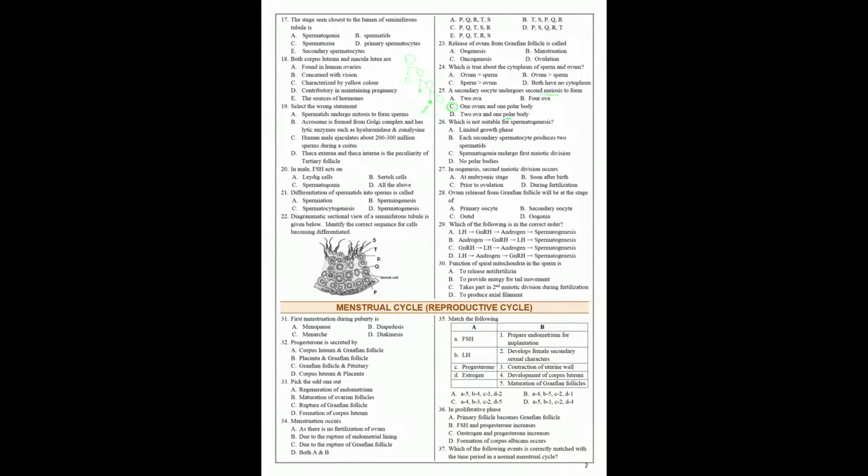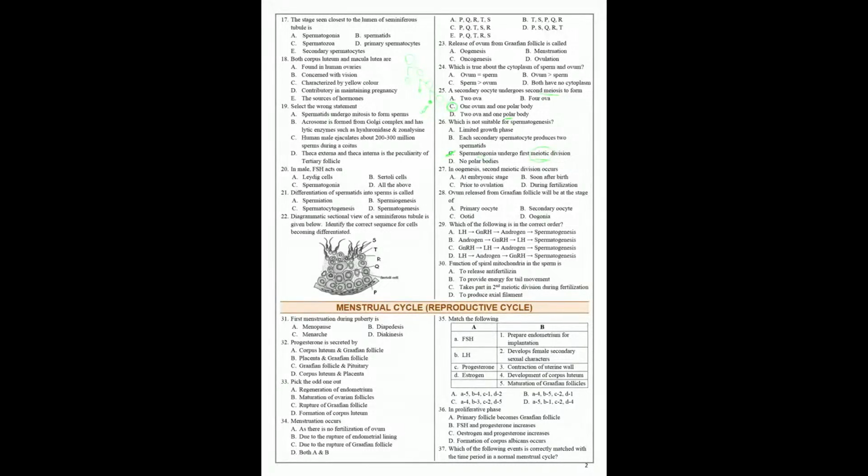Spermatogonia undergoes first meiotic division, no polar bodies. This is not correct. Spermatogonia will not undergo meiotic division, they will undergo mitotic division. So this is not correct, so this will be the correct answer, C.